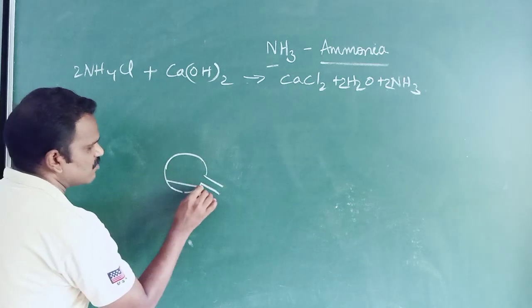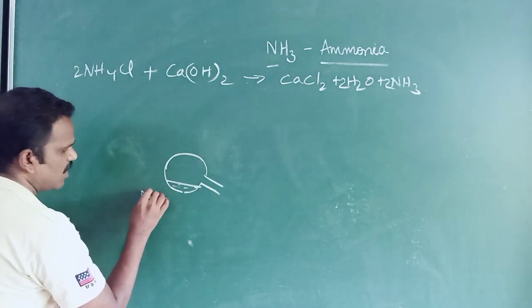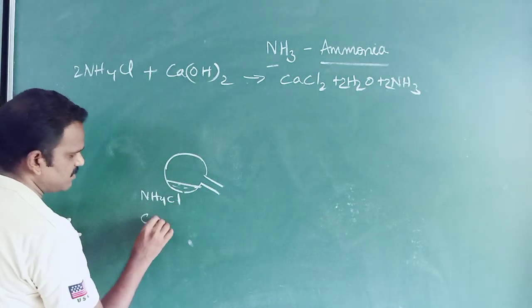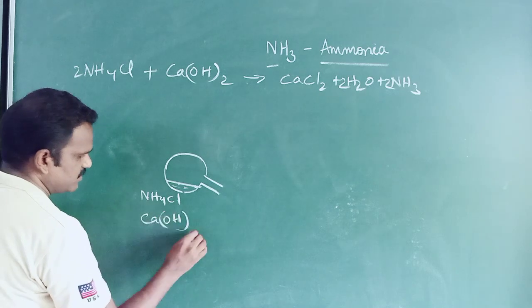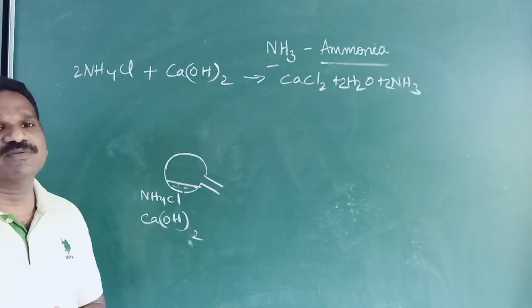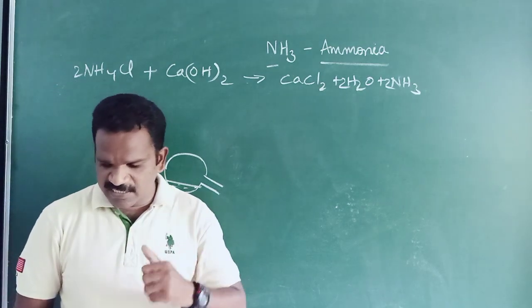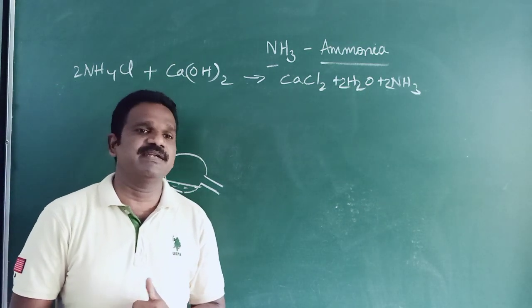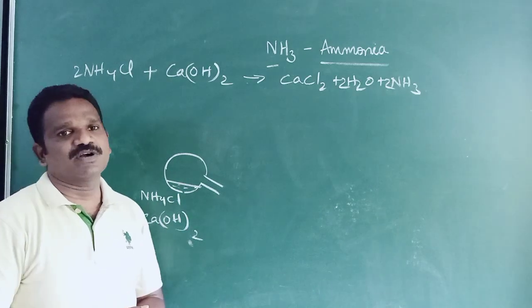In this round bottom flask, we take ammonium chloride and calcium hydroxide, which are finely ground.